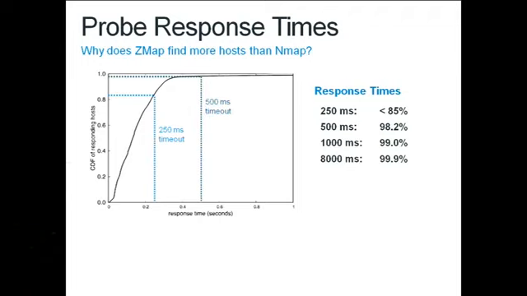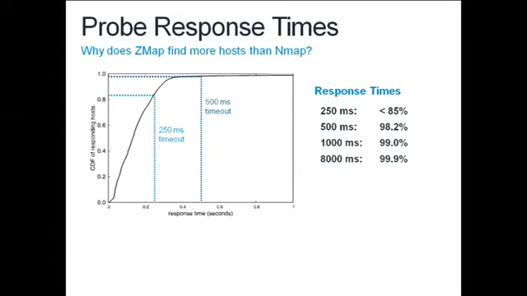If you wait 500 milliseconds, you're going to see about 98%. And it takes a little more than 8 seconds before things level out and you see the last responses trickling in.